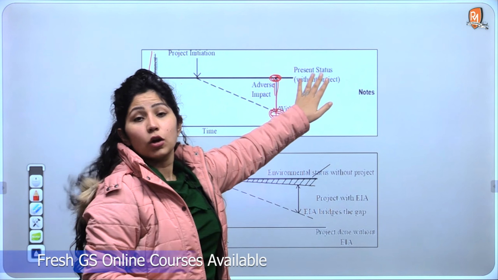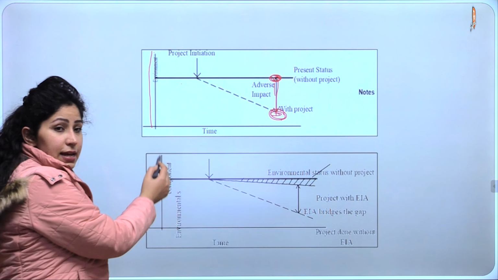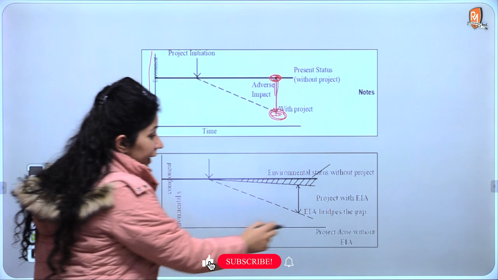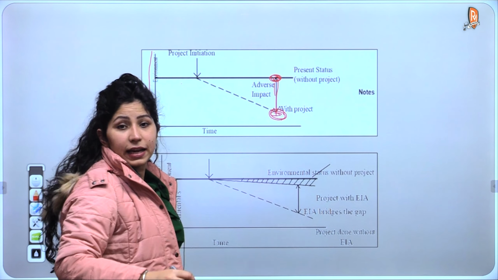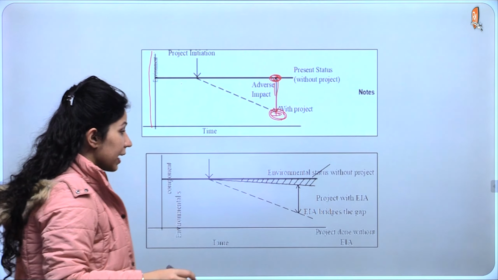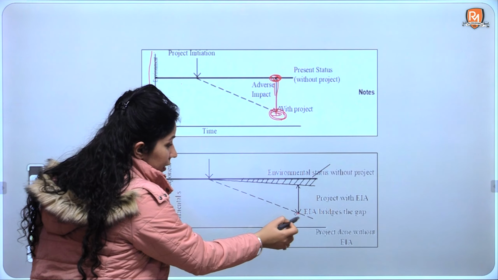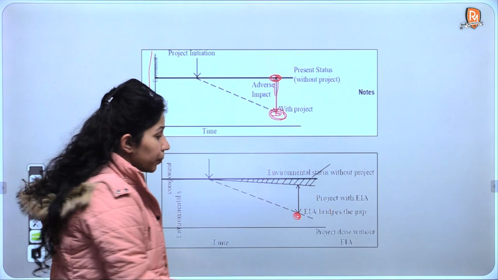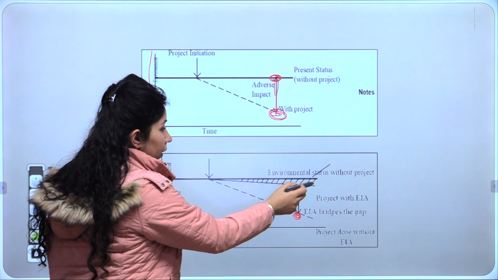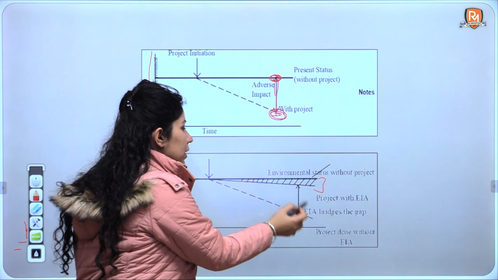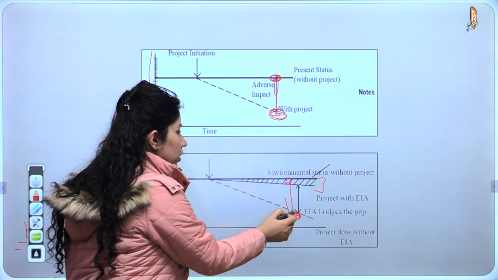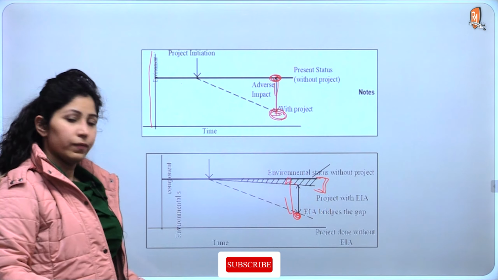Now we'll study what if we include environmental impact assessment. So this is the environment, this x-axis is the time. When you have EIA in place, this degradation point comes down to here, and the loss can be minimized from this much to just this much.